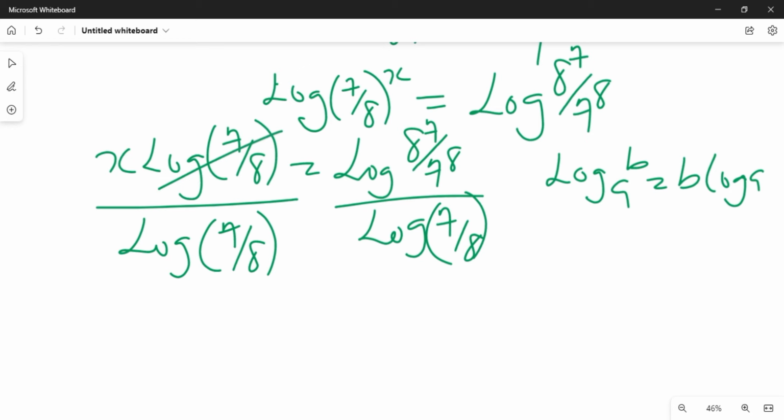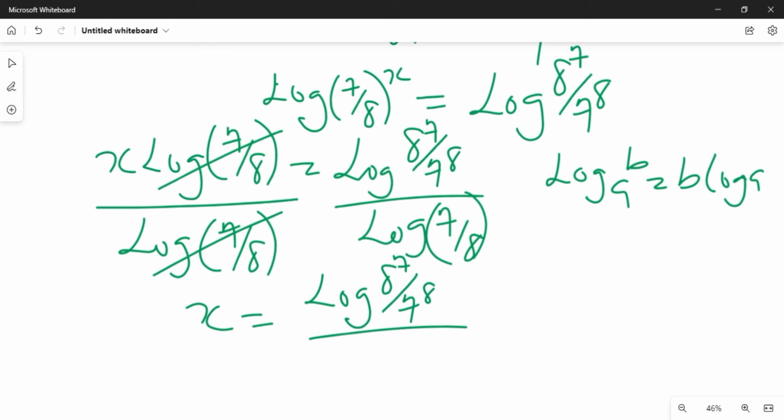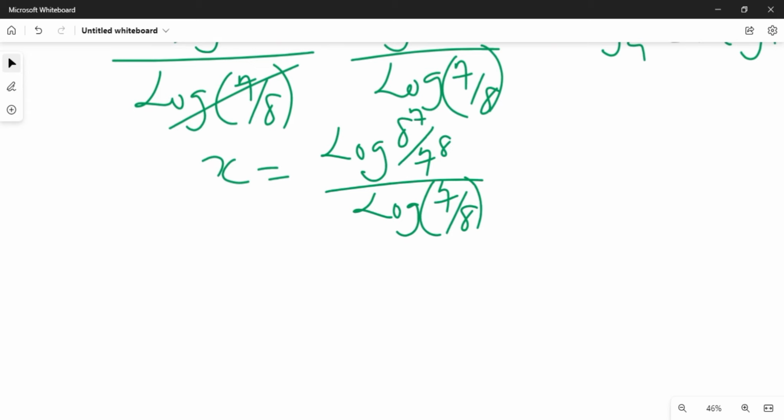And log of 7 over 8 will clear log of 7 over 8 over here. Then our x will be equal to log of 8 raised to power 7 over 7 raised to power 8 all over log of 7 over 8.